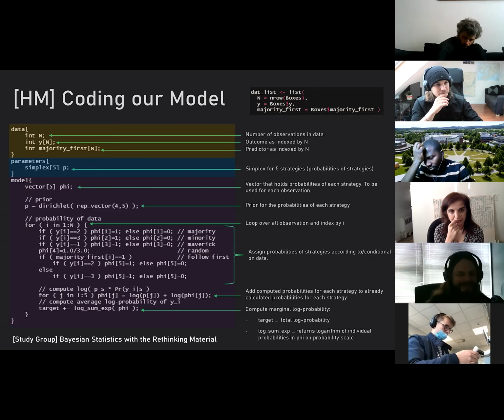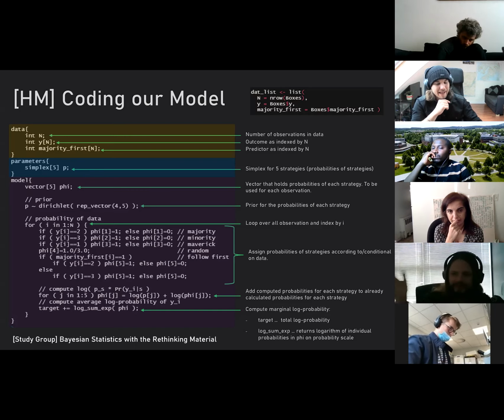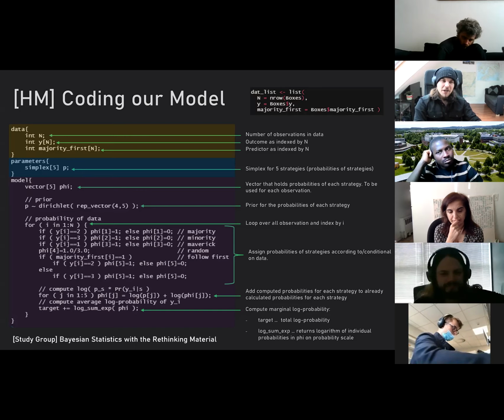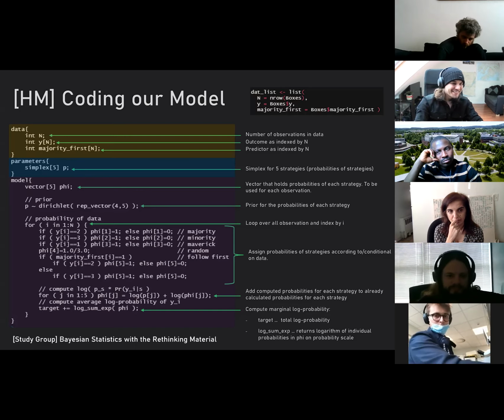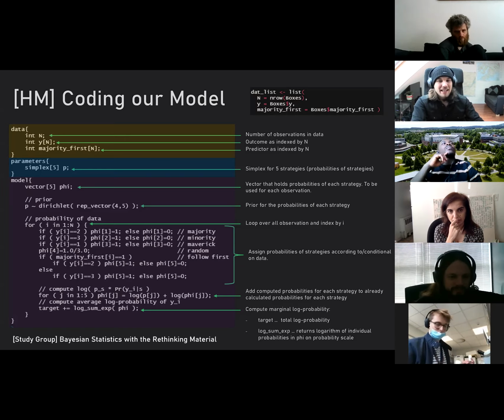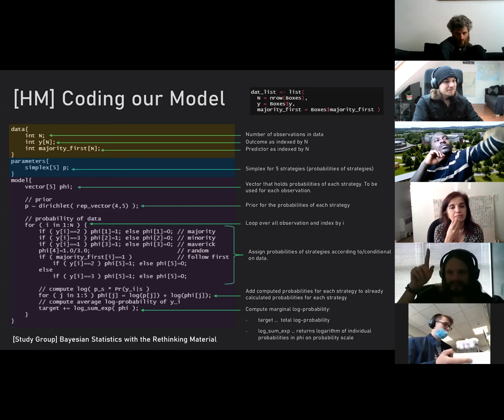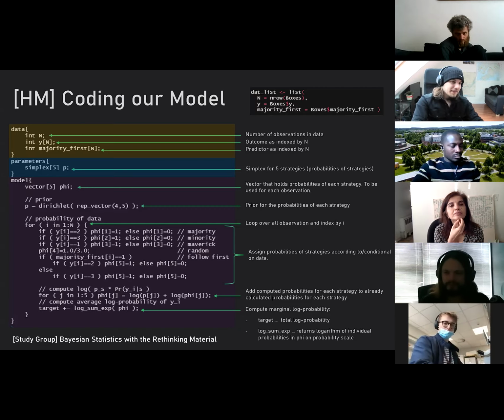That's also super magical, that Stan has a variable called target that you have not declared anywhere that you can just magically add to. Yeah, I have to say it's very unintuitive for me, and I'm not quite sure yet whether I like it or not. But I think it's an artifact of this being a very advanced hack-your-own-likelihood-function kind of thing. Yes.